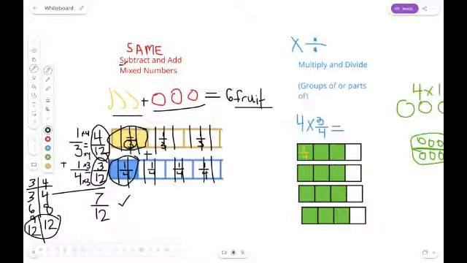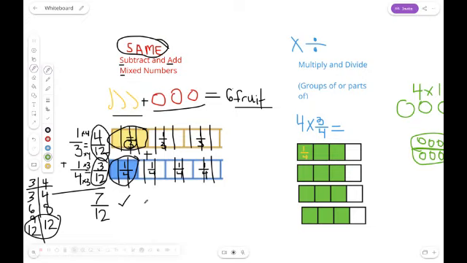So, subtract and add mixed numbers. These are just fractions, but I'm going to show you it works for mixed numbers as well. You need to have the same denominator. Okay?